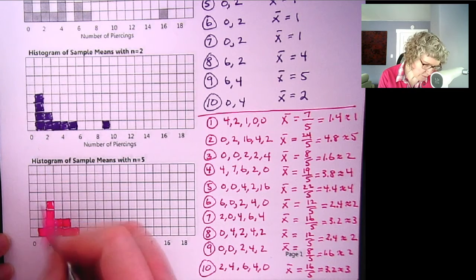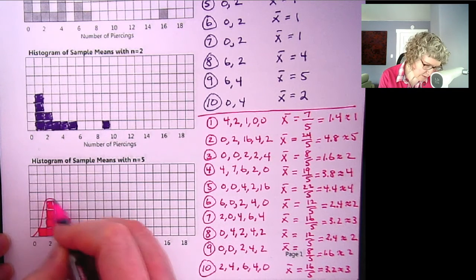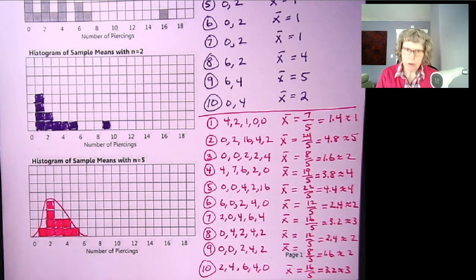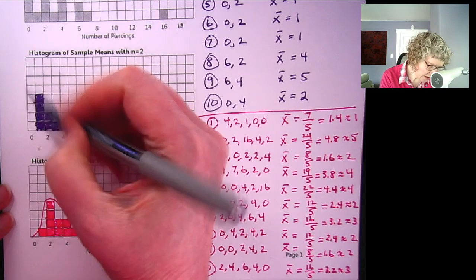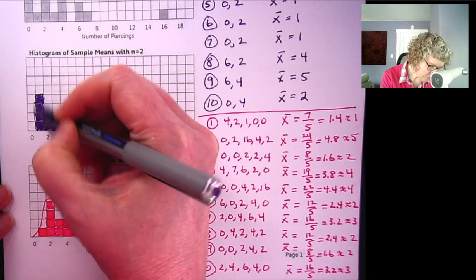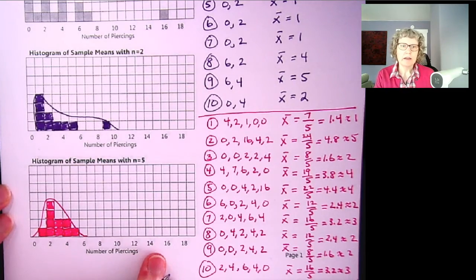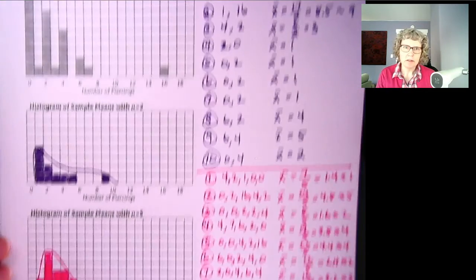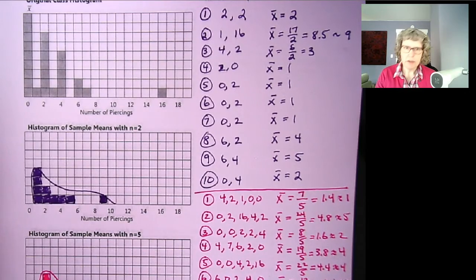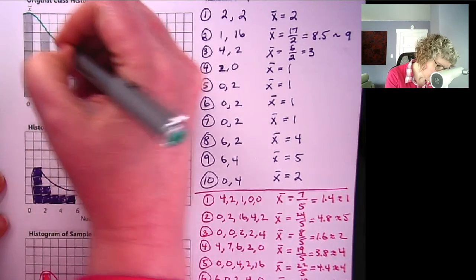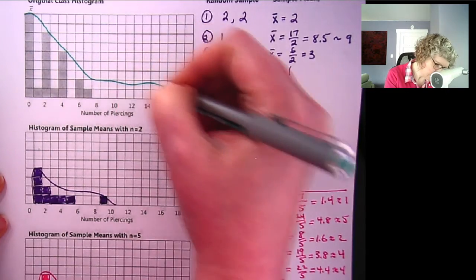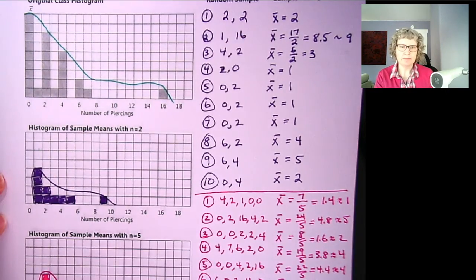Now we've kind of got something that looks like this, whereas the purple we had, and the original was much more skewed, kind of like that, right?